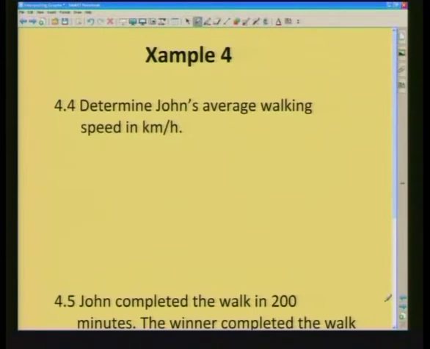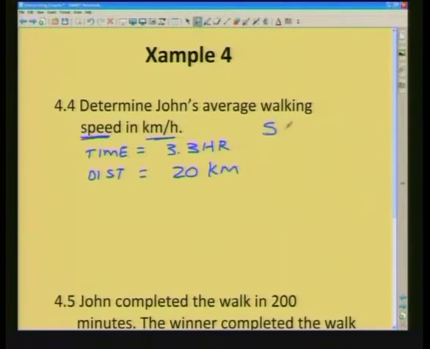The next part would like us to determine John's average walking speed in kilometers per hour. So we've just worked out that his time to complete the whole walk is 3,3 hours. And we know that his distance, so the total walk, was in fact 20 kilometers. And they would like us to work out his speed.